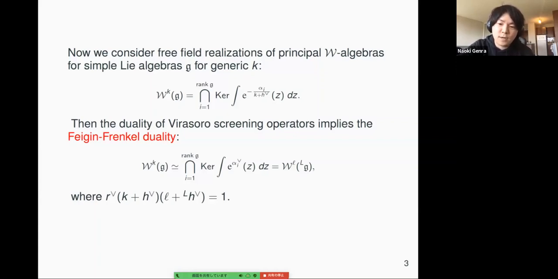Now I denote by E^(alpha_i^∨)(z), and we can identify such an intersection of kernels as isomorphic to the principal W-algebra corresponding to the Langlands dual of g. The level l is related by r^∨(k+h^∨)(l+L h^∨)=1. This is the famous Feigin-Frenkel duality. So this is one of the reasons why we want to understand screening operators, because the screening operator gives an interesting proof of such a duality.